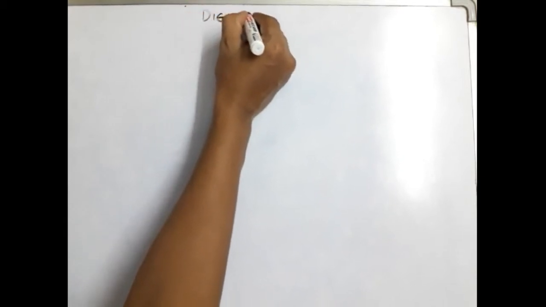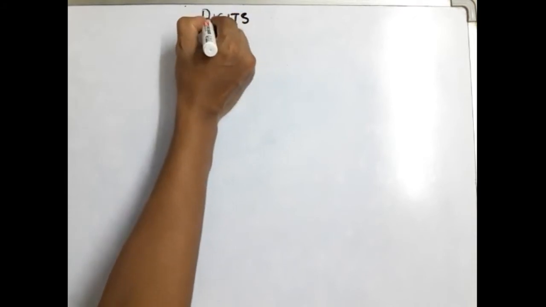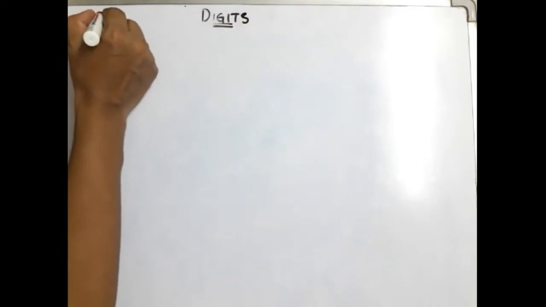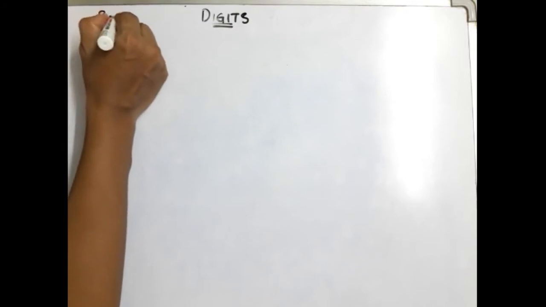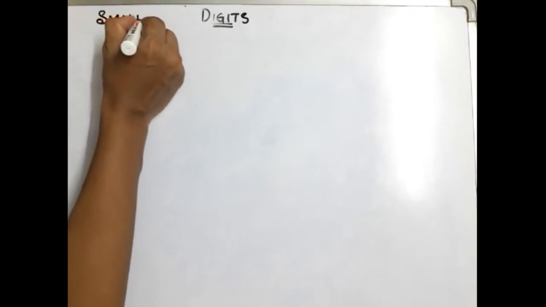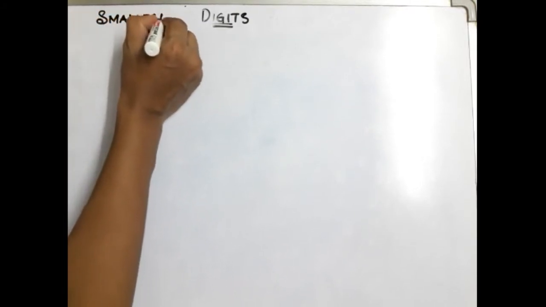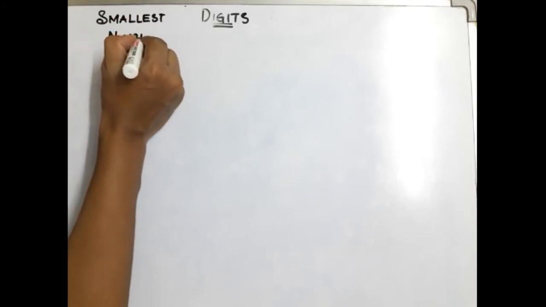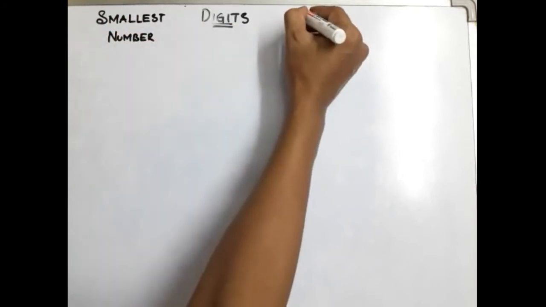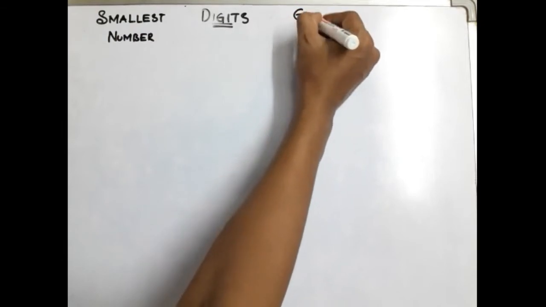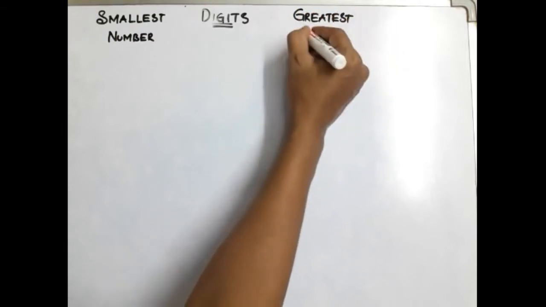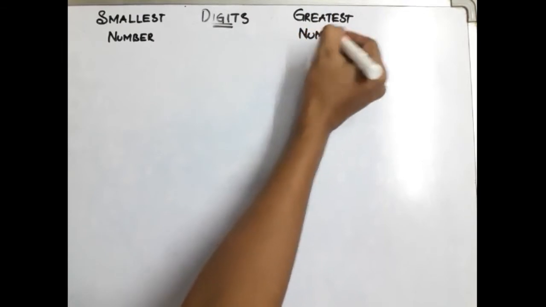I will take some digits, and using them I will form the smallest number and the greatest number.